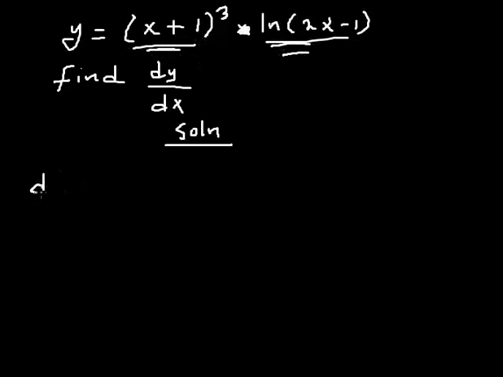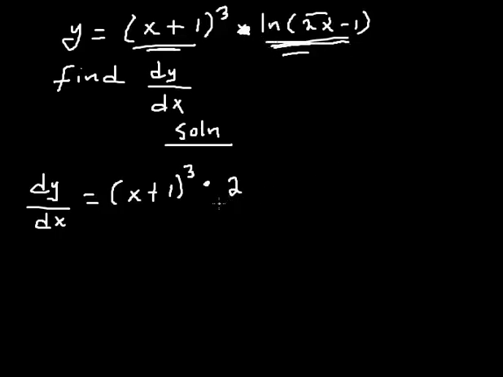So dy/dx is going to be equal to, I'm keeping this constant, that's (x + 1)^3. Of course, if I'm differentiating this, I have to differentiate the inner function first, and the inner function gives 2, and of course times the derivative of ln(2x - 1), which will give me 1 over 2x - 1.